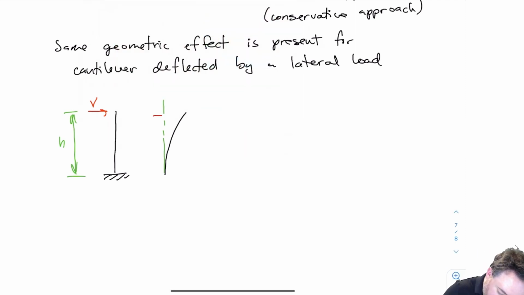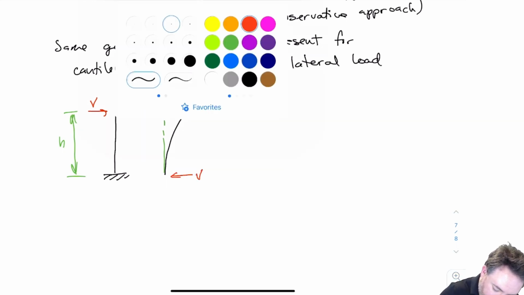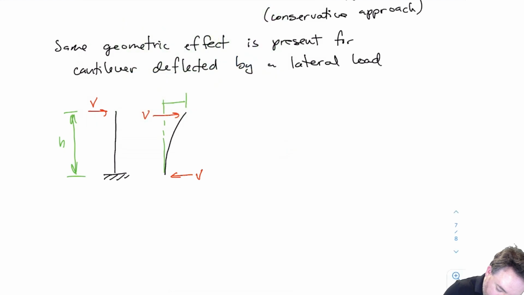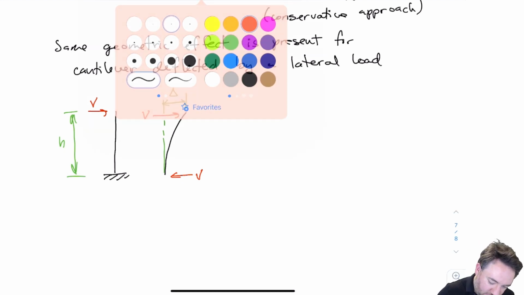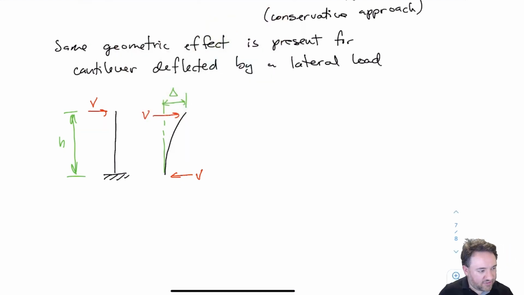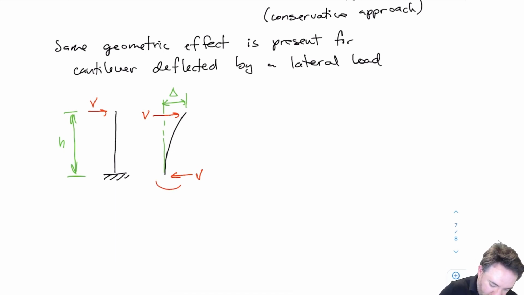And so I still have my V here. If I'm drawing a free body diagram, I have a V here. And this displacement, I'd call that big delta, Greek big delta. Okay, obviously this free body diagram is not yet in equilibrium because I have a couple. So I have my regular moment, and this is just right now the moment caused by the couple.